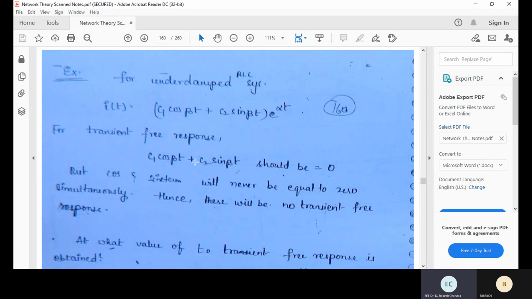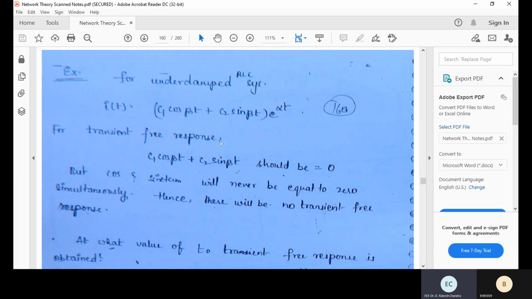See, when cos is 0, sine will be there. When sine is 0, cos will be there. Just see the combination of C1 cos omega t plus C2 sin omega t, at any particular angle beta t. You can take any beta t value, maybe 30 degrees: cos 30 is one value, sin 30 is another value. If you take 0, cos 0 is 1 and sin 0 is 0.